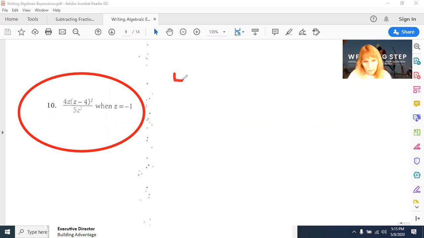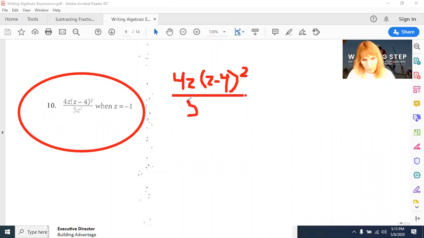So let's rewrite this whole thing for z times z minus 4 squared, all over, I'm going to use a straight edge here, all over 5 z squared.